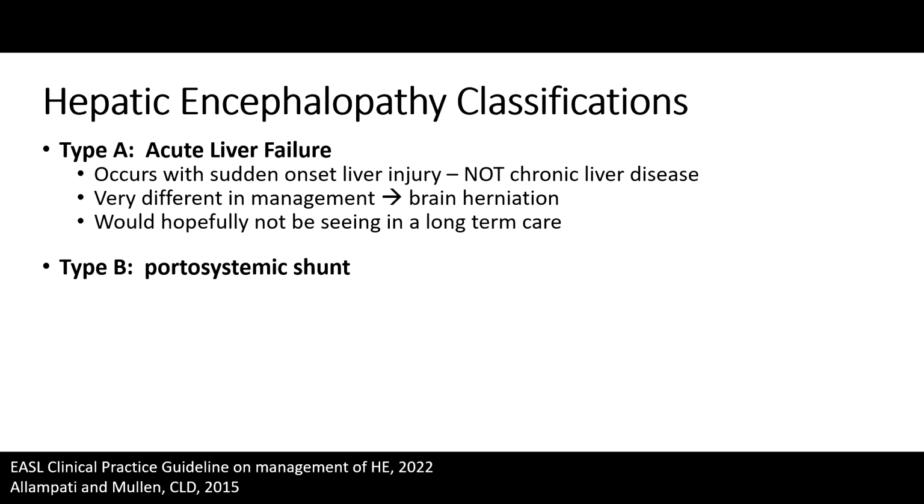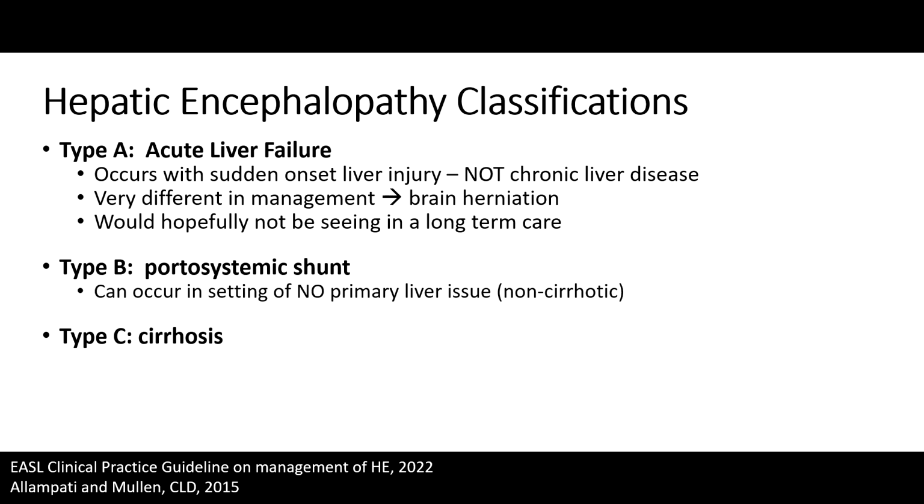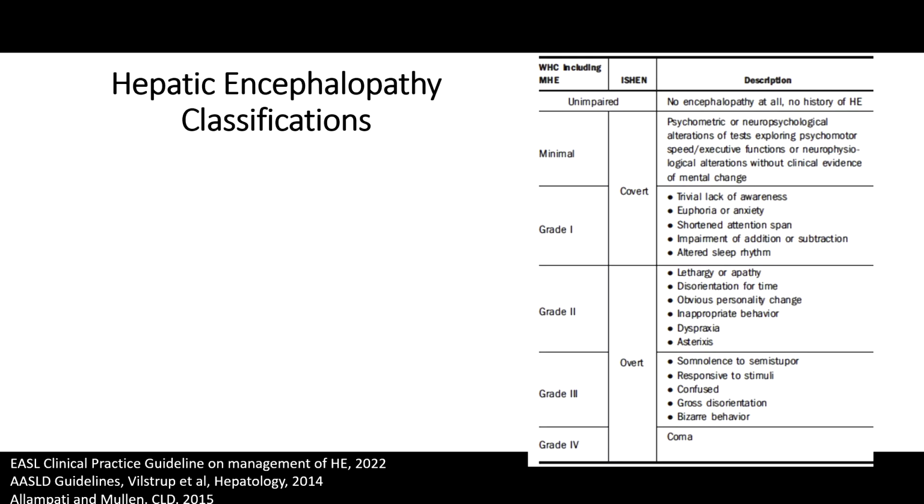Type B is where someone has portosystemic shunting. Again, the liver is working fine, the blood just doesn't get there. The third type is with cirrhosis, where you see both mechanisms: the intrinsic liver dysfunction, with the liver not being able to clear things, and the shunting, where the blood won't get around. Those both contribute.